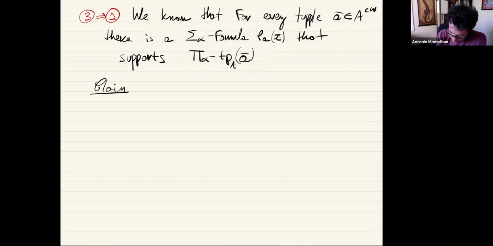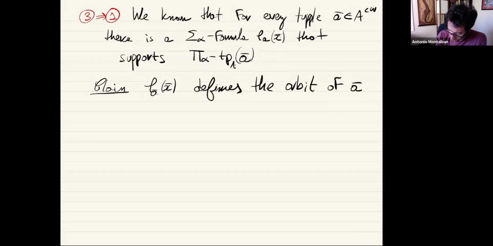And the claim is that phi sub A, the formula, phi sub A of x defines the orbit of A. So it's only true of things that are automorphic to A, which is what we need, right?